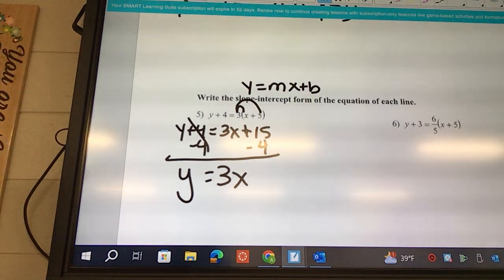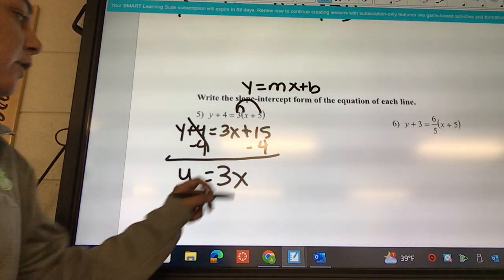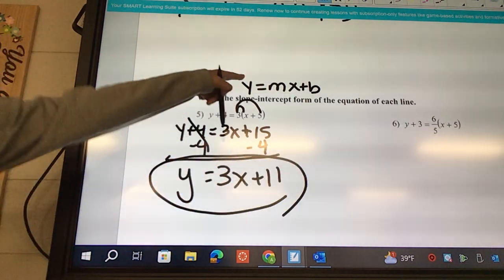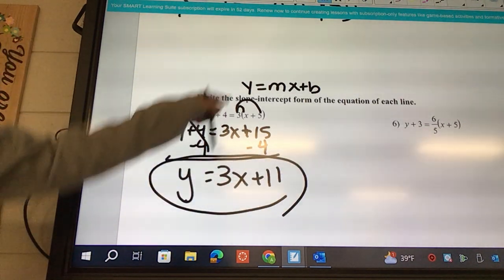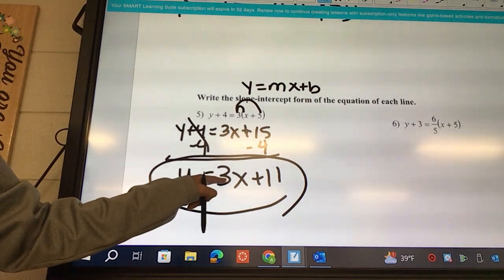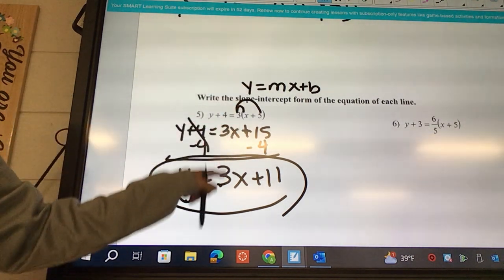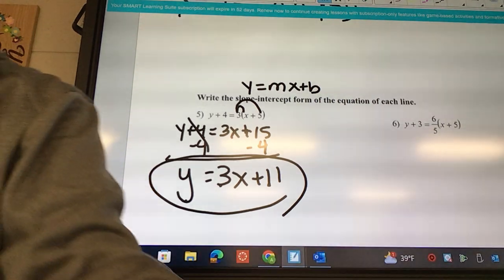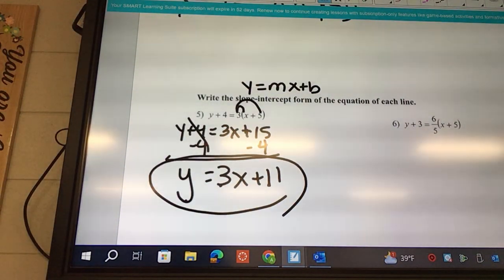So I got a positive 15 minus 4 is going to be 11. I can look at this, and this matches up with this. My y equals, instead of an m, I have a 3. So my slope is 3, and my y-intercept is 11. For those ones, when it's already in parentheses, you're going to distribute and then either add or subtract.